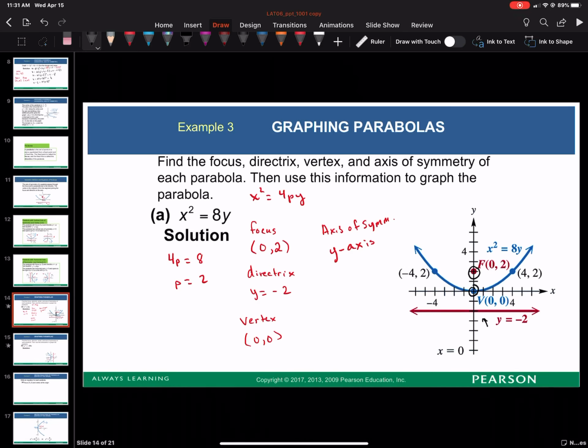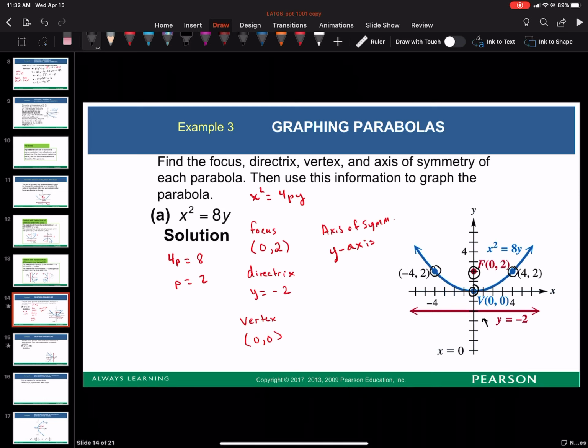Now, these two numbers right here, we actually can find. As you see, we plug in 2 for y, and you will get the -4 and the +4 for x.